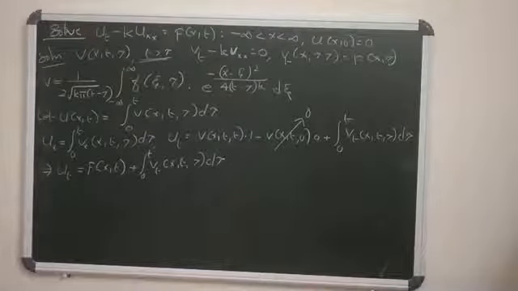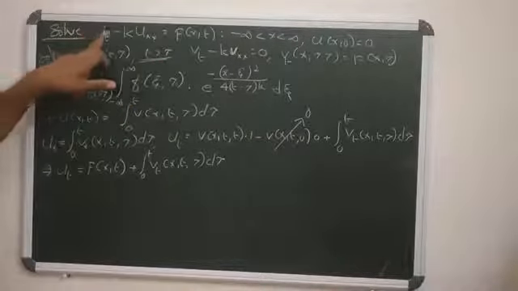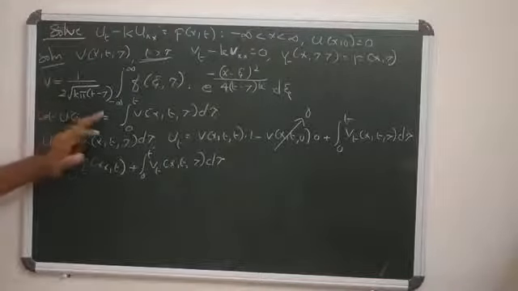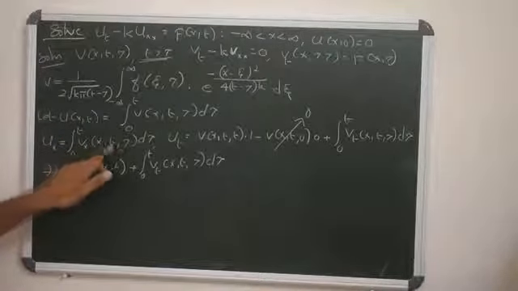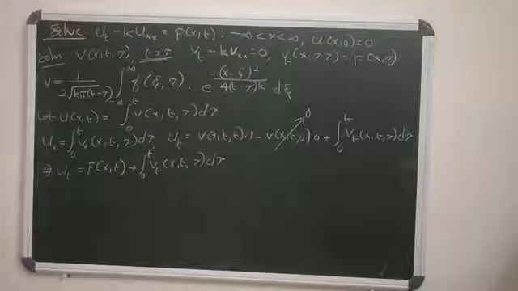You know that v(x,t) is a solution of u_t minus k u_xx equals f of x,t. Therefore u_x equals the integral from 0 to t of v_xx(x,t,lambda) d lambda, and u_t equals v(x,t,t) into 1 minus v(x,t,0) into 0 plus the integral from 0 to t of v_t(x,t,lambda) d lambda.